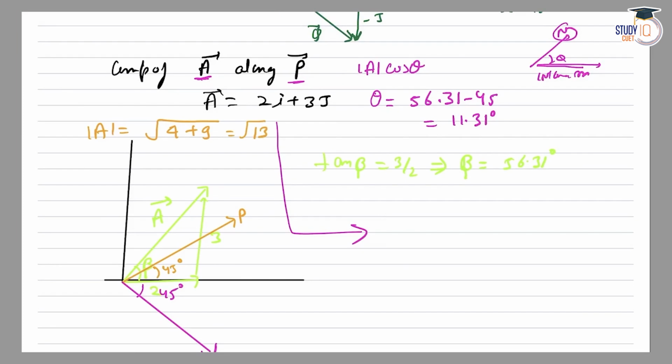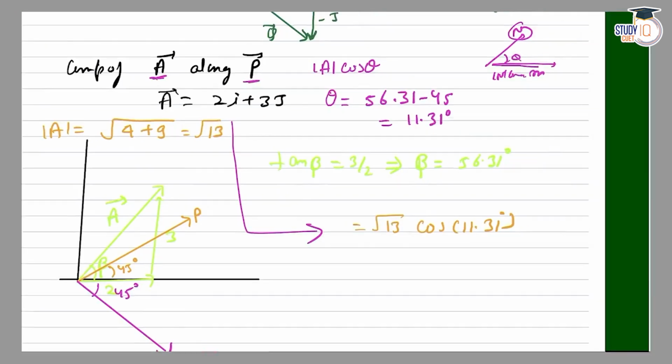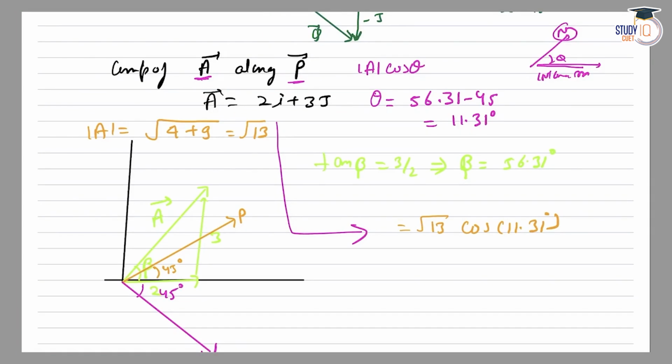So the component of a along the p vector is mod a cos theta, which is equal to root 13 into cos of 11.31 degrees.